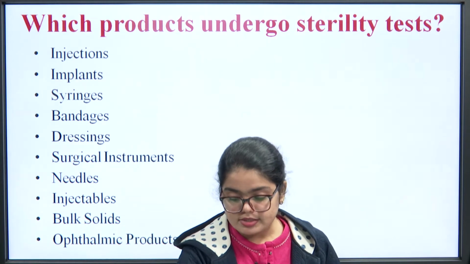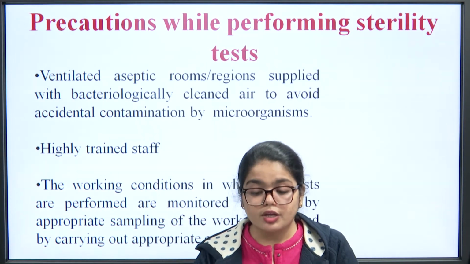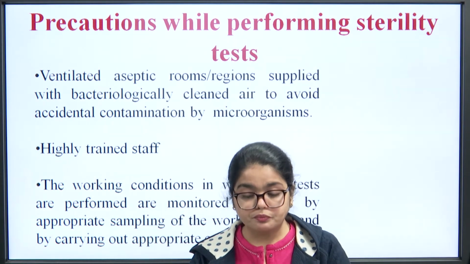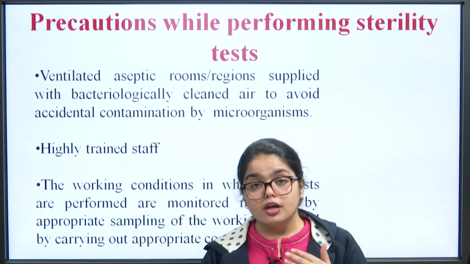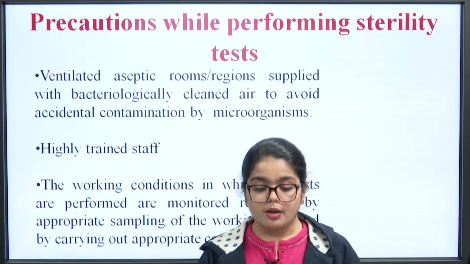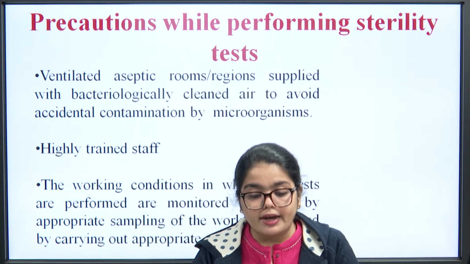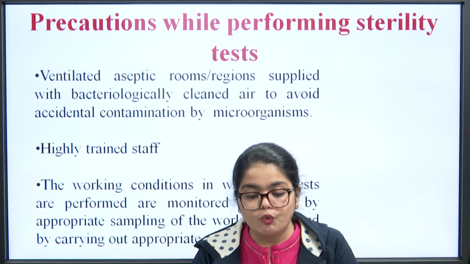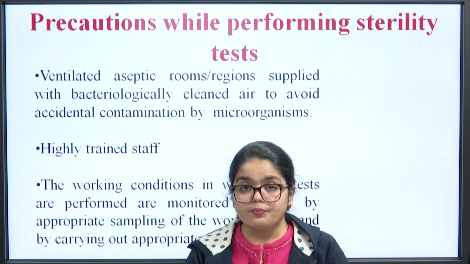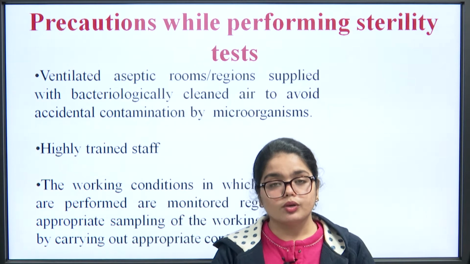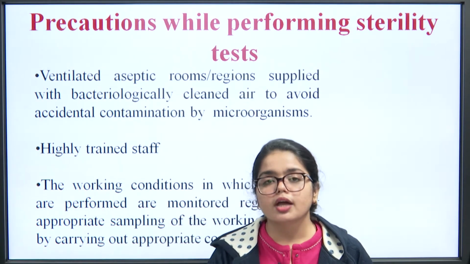Then coming to the next slide, it talks about the precautions we need to take while performing the sterility test. It is not precautions for us, it is precautions for the avoidance of any microbial contamination. First is ventilated aseptic rooms, the regions supplied with bacteriologically clean air to avoid accidental contamination by microbes. In the aseptic area, we don't just go directly in, sanitize our hands and start the work.